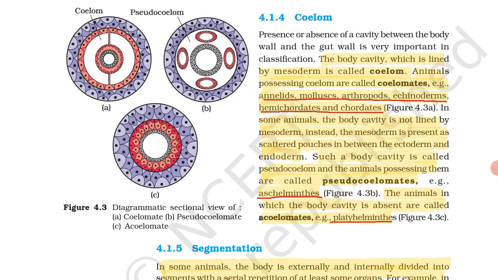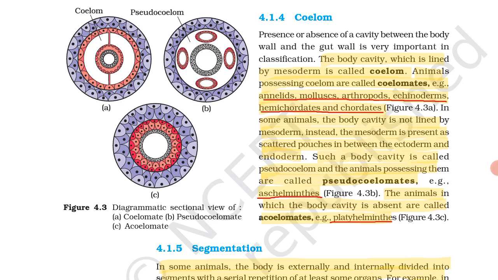The animals in which the body cavity is absent are called acoelomates. The example is Platyhelminthes. They may ask what coelomates are. You have to tell that the animals possessing coelom are called coelomates, and coelom is a body cavity lined by mesoderm.